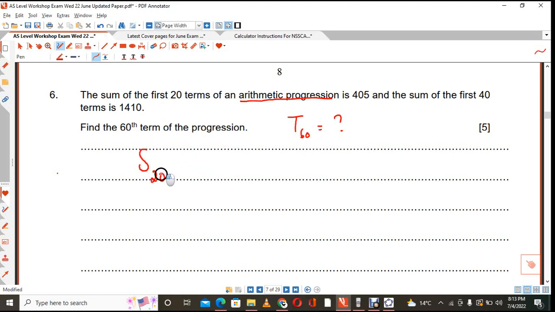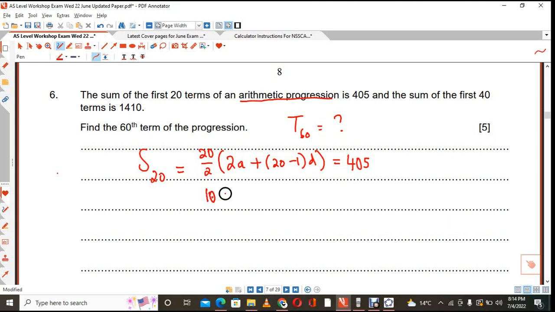We know that the sum of the first 20 terms will be given by the formula 20 over 2 in bracket 2a plus 20 minus 1 times d. That should equal 405. So you can clean this up.